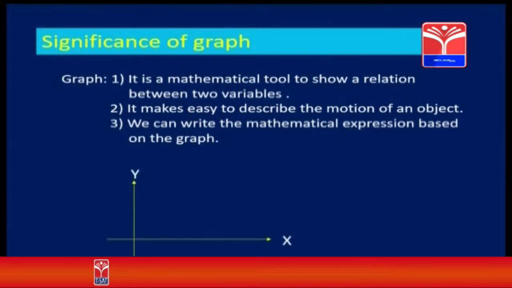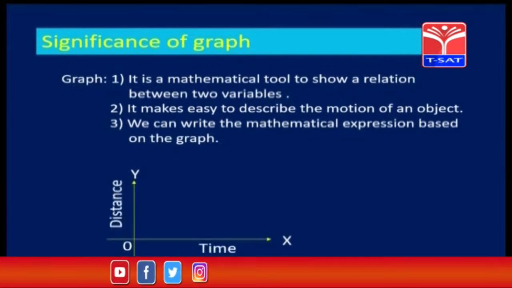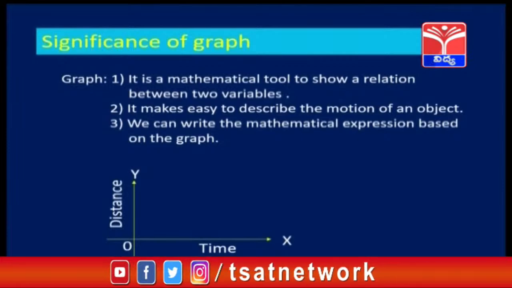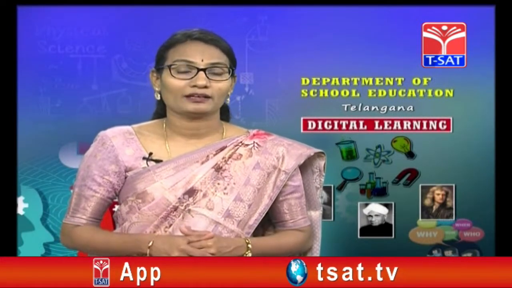A graph has an x-axis, a y-axis and also an origin. This is the origin. Along the x-axis we have to take time, and along the y-axis we have to take distance. Take the time values and distance values, put the points on the graph and map those points. You will get the graph.